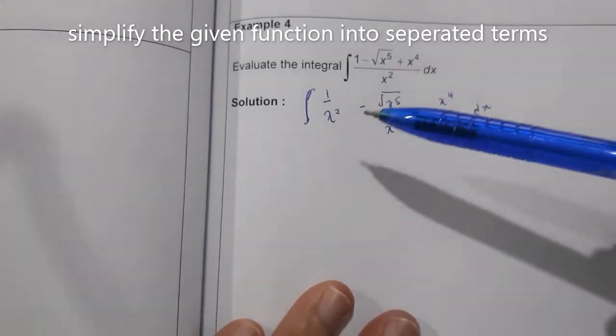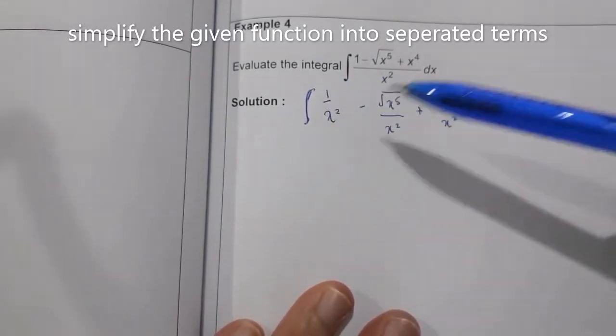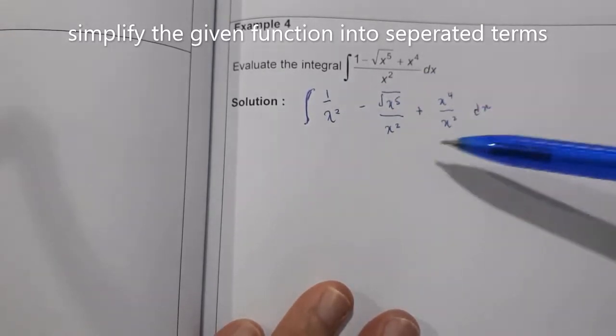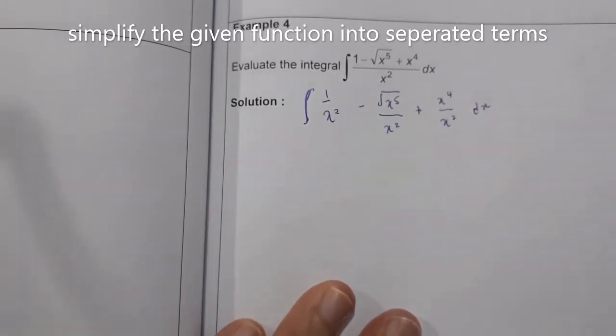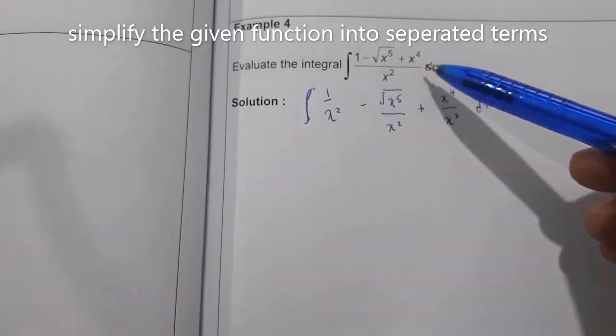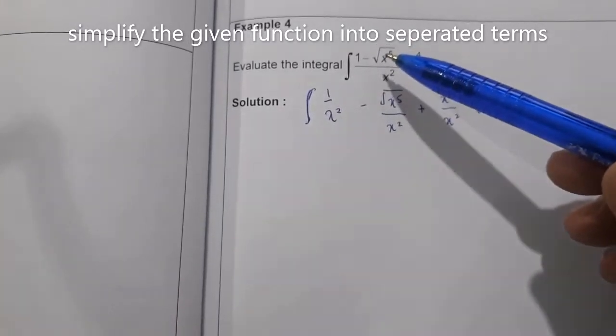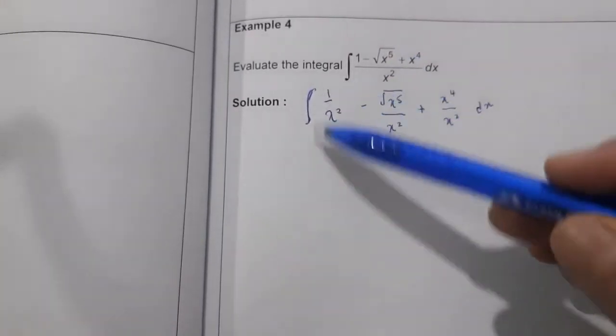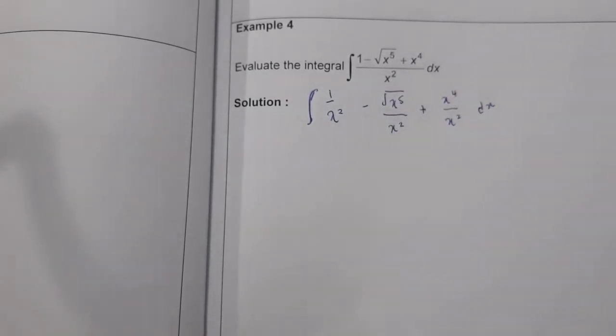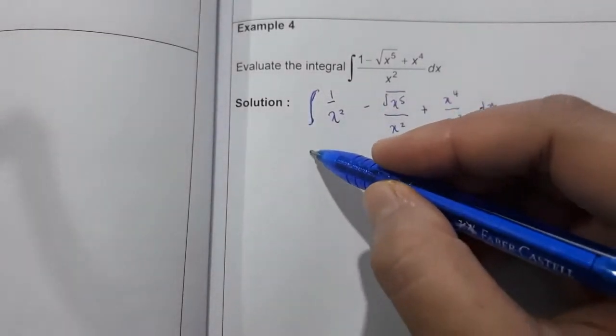So now we have first term, second term, third term. All the terms are separated compared to the original equation given by the question. Now when the terms are separated, we can simplify each term.